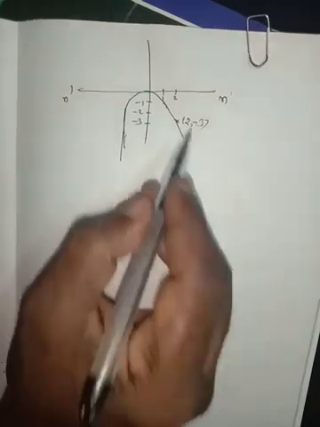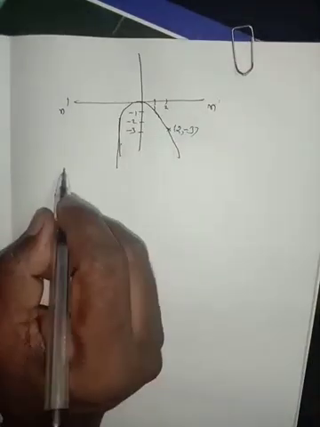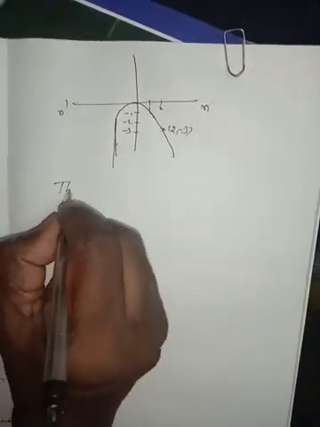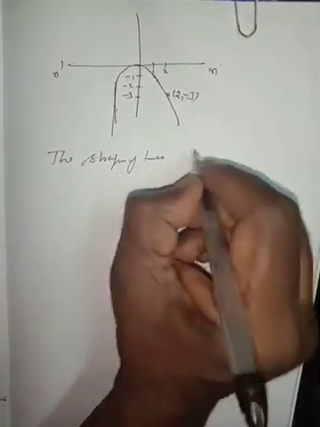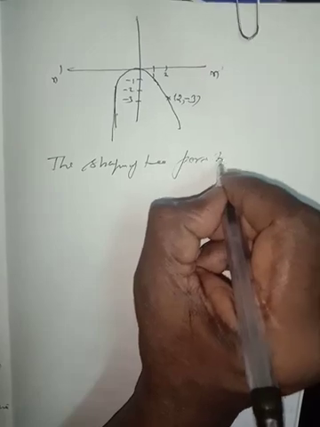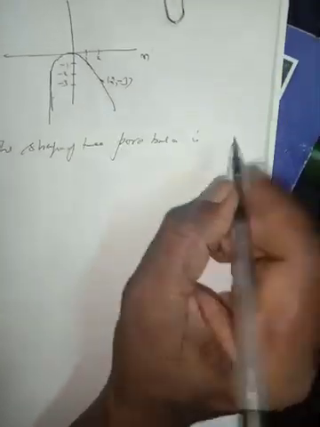The shape of the parabola is open downward.